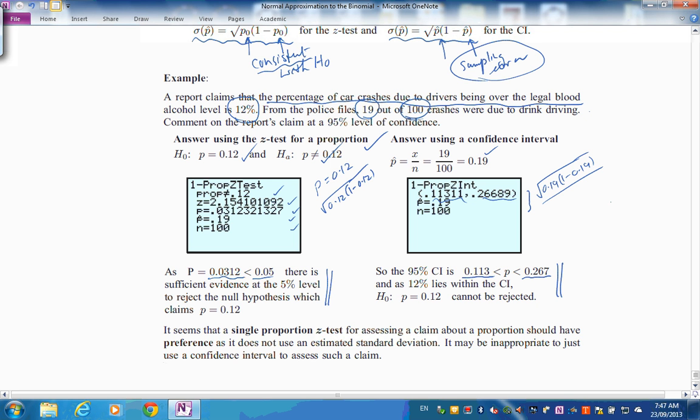So this is a single proportion Z-test up here in both cases. There's a confidence interval here, and a Z-test over the other side. But here we should use the Z-test because it hasn't got this sampling error in trying to estimate the population proportion.